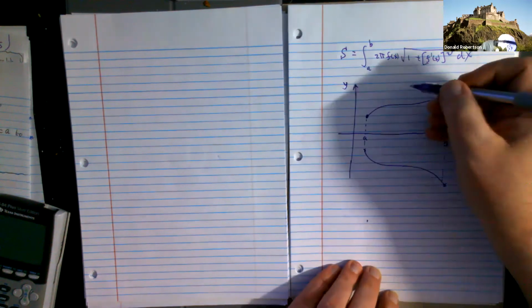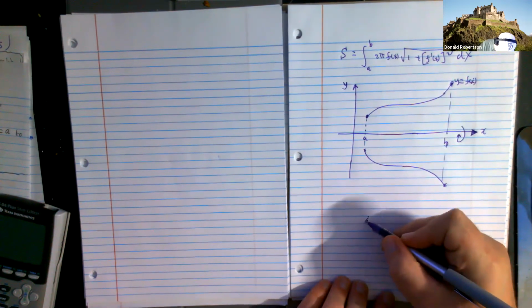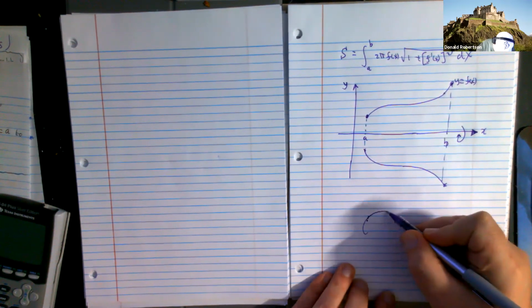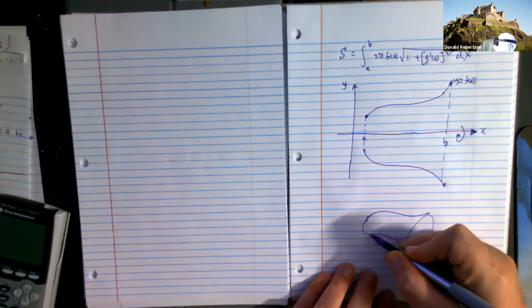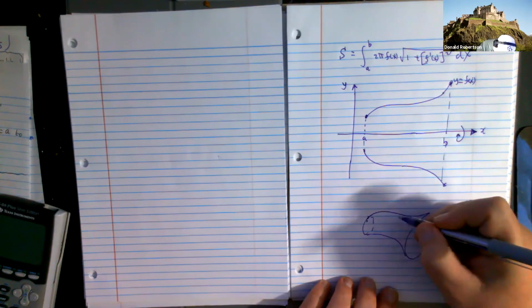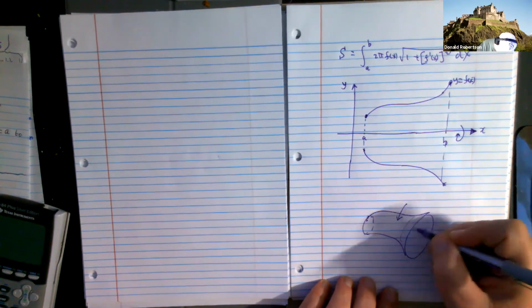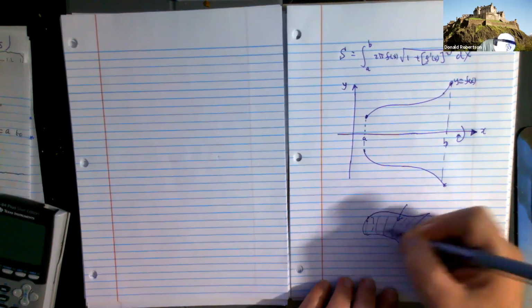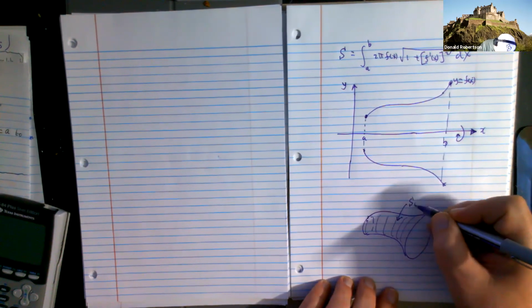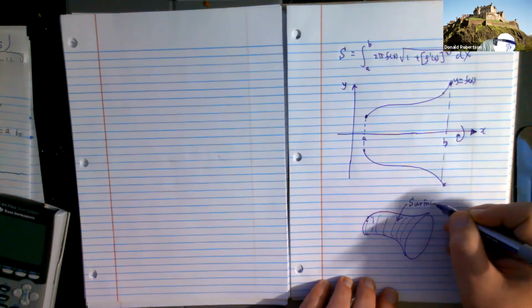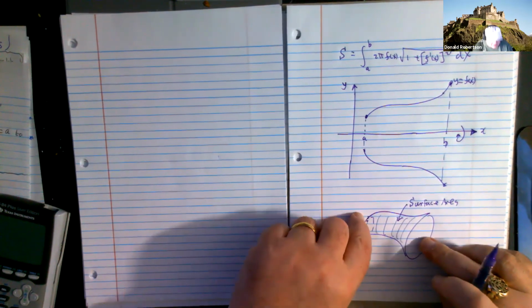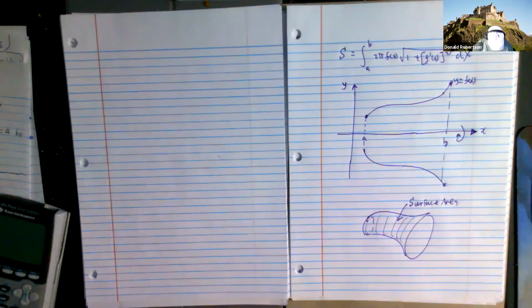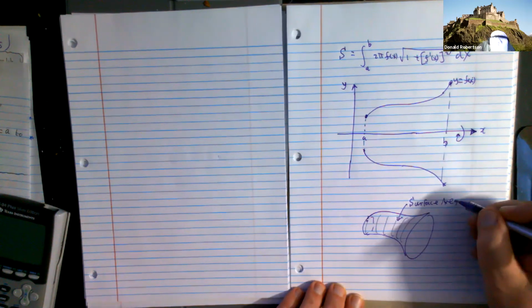If I can try and draw this bell again in a slightly different orientation, this curved piece that goes right round the bell, that's called the surface area. It doesn't include the circles at the start and finish, just the middle bit. And we are going to find that surface area.